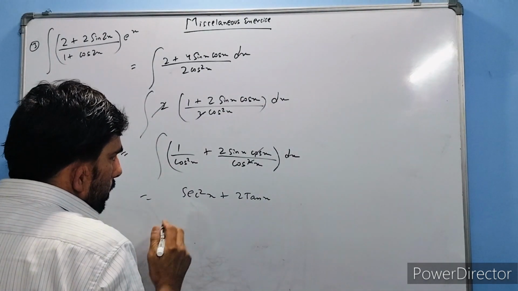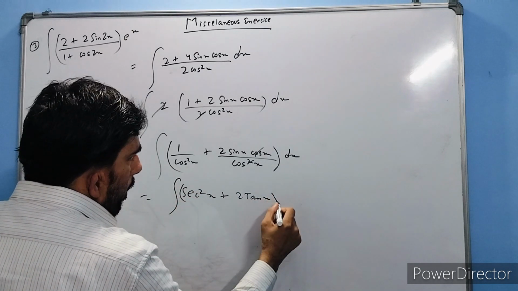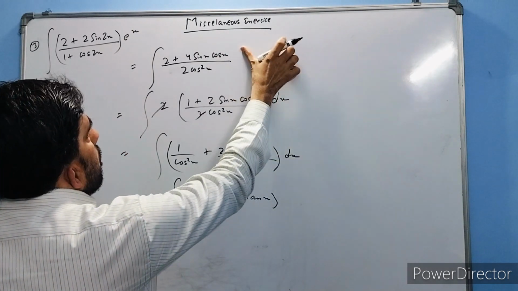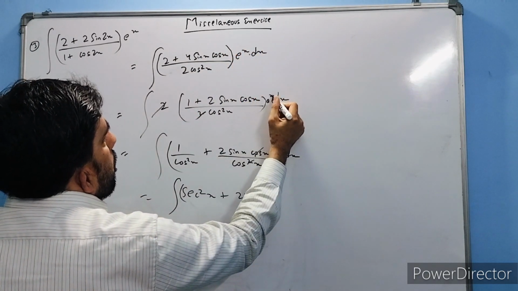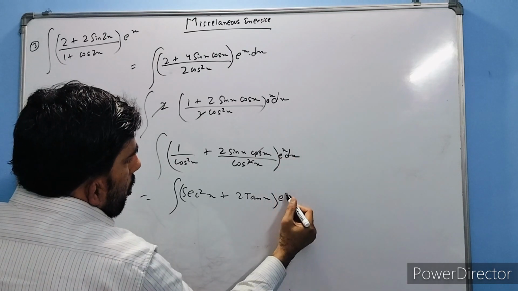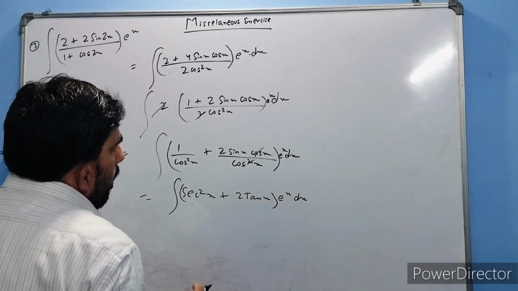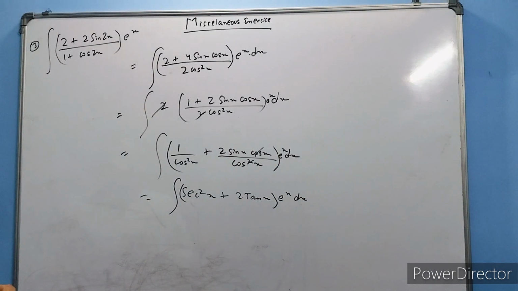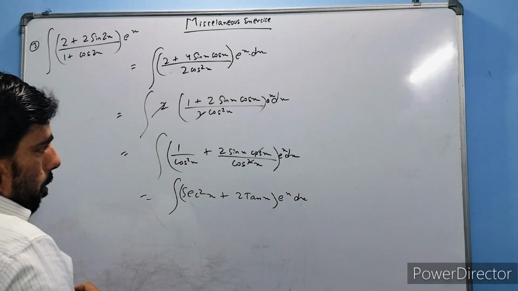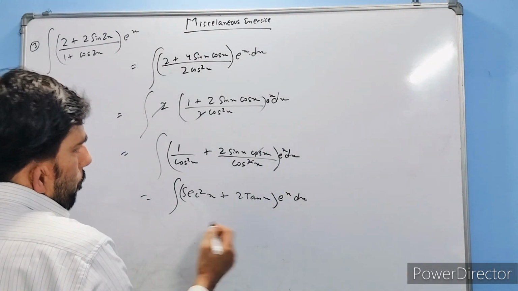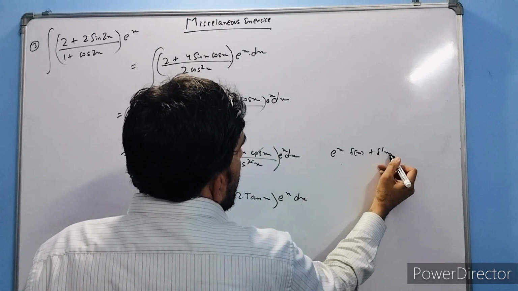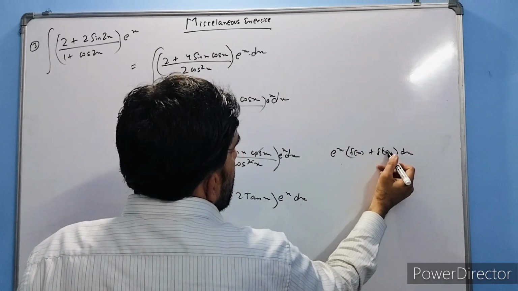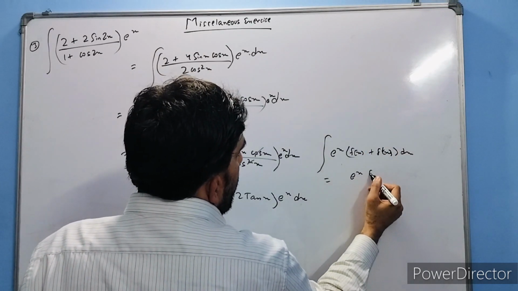Now we can see in a very simple way that we have e raised power x dx, so here it will be f(x). So in a very simple way, we know the formula: the integral of e raised power f(x) times f(x) plus f dash x, dx, is e raised power f(x).